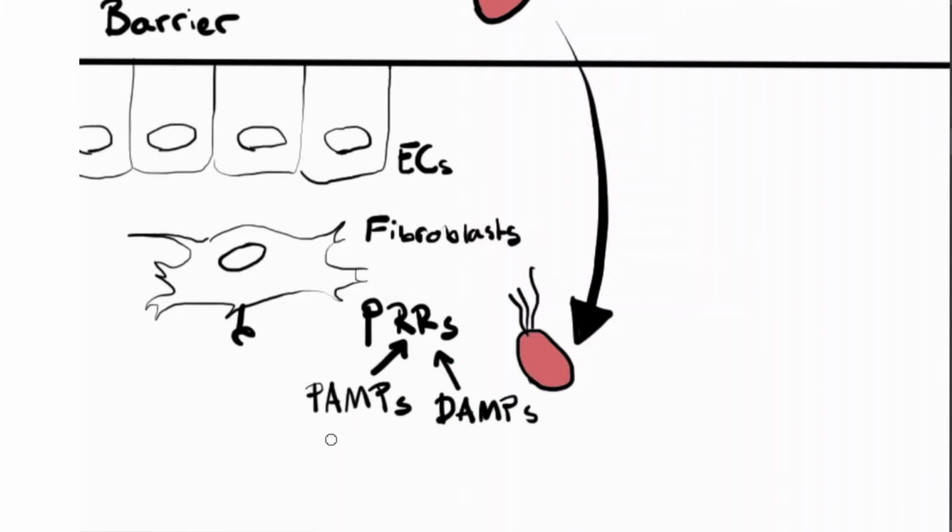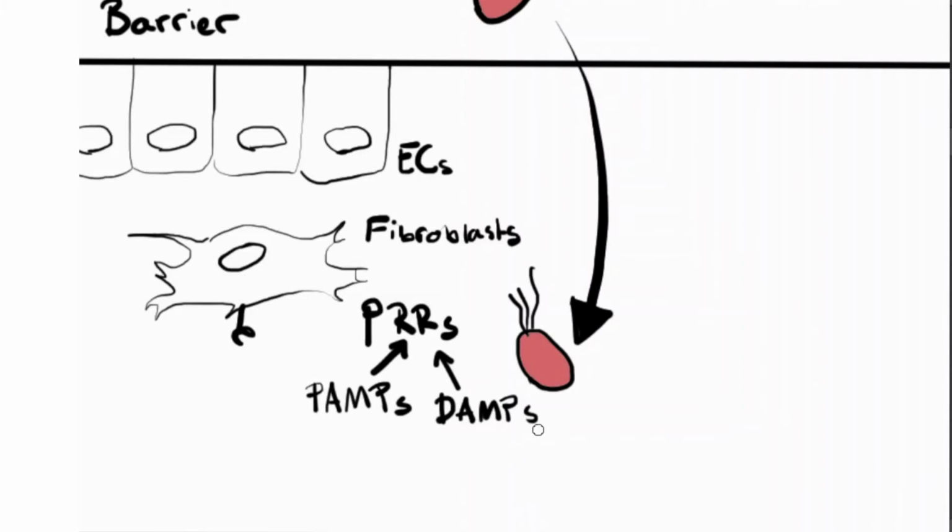And these PAMPs can be many different things, like parts of the flagella, parts of the membrane of the bacteria, and also DNA and stuff. And the DAMPs can be basically stuff that isn't supposed to be on the outside of the cell, so ATP and DNA.